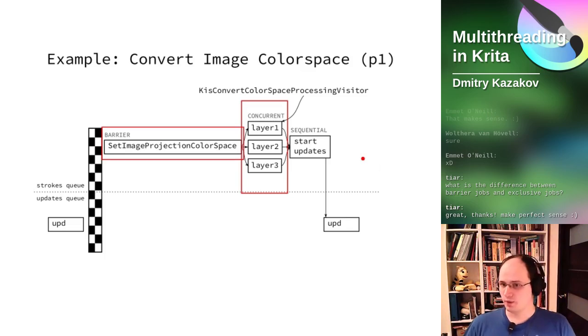Then we should do 2 things. This slide is a bit incomplete. We should start updates, because after color space has changed, we need to recalculate image projection.